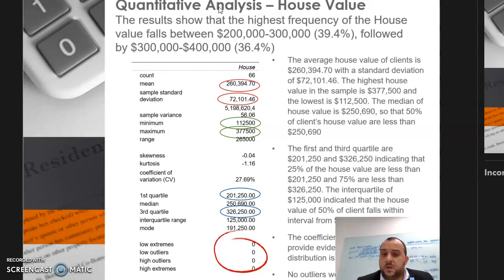I just wanted to show you that the highest house value in the sample is 377,500, and the lowest is 112,500 USD. Also, there were no outliers found in the house value.